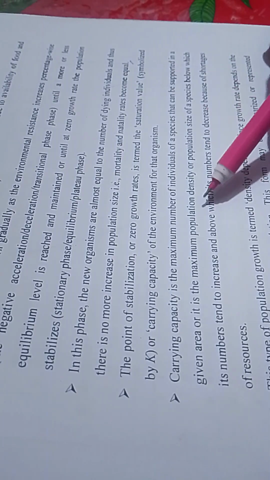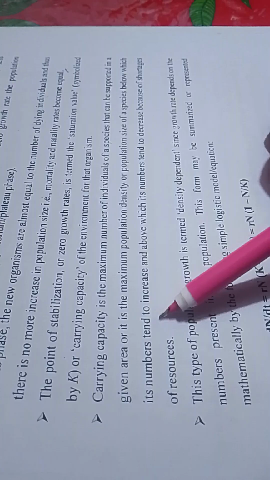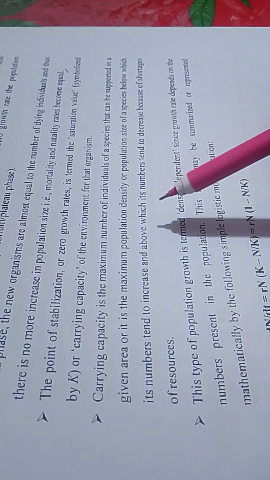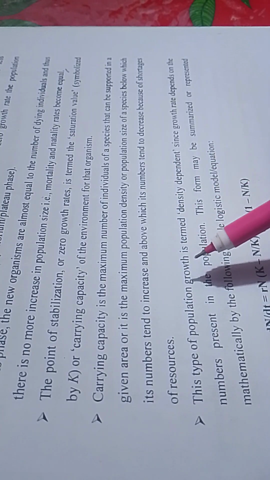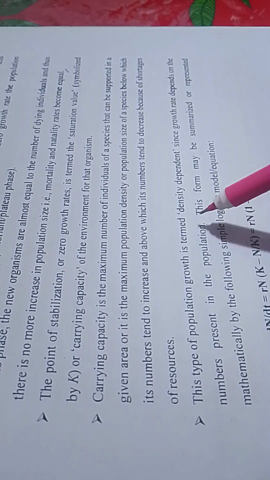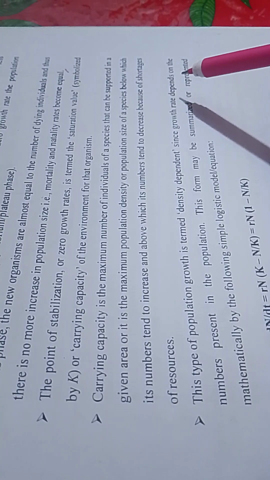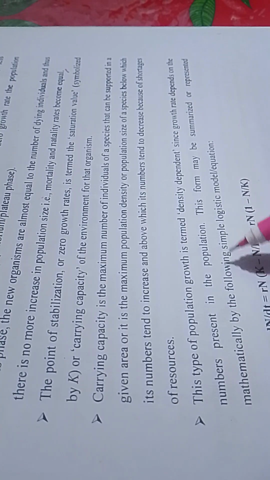Carrying capacity is the maximum number of individuals of a species that can be supported in a given area, or it is the maximum population density or population size of a species below which its numbers tend to increase and above which its numbers tend to decrease because of shortage of resources. This type of population growth is termed density dependent, since growth rate depends on the number present in the population.